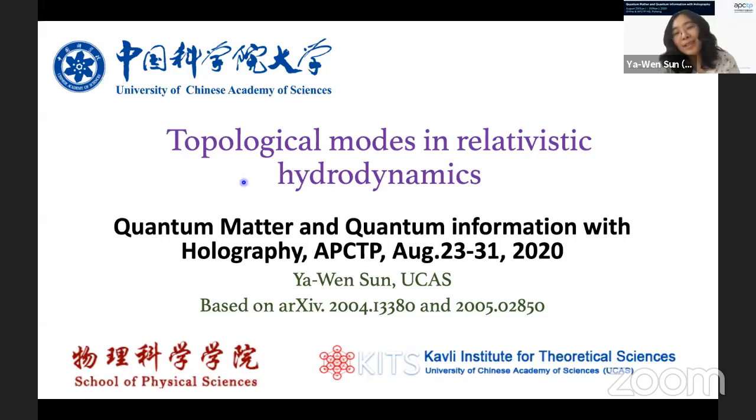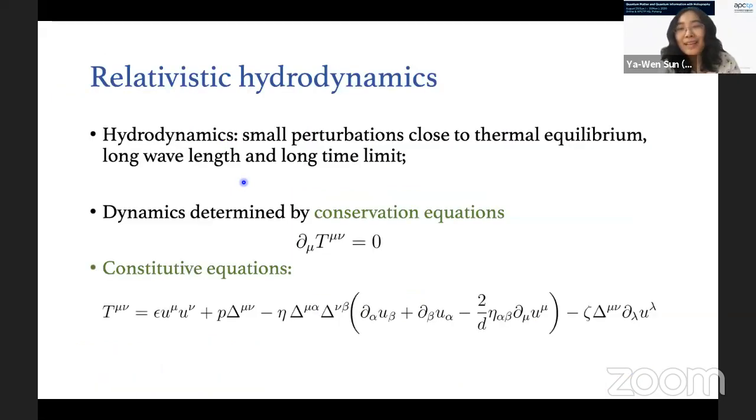I will first start from the introduction of relativistic hydrodynamics. We know that hydrodynamics is a very universal description of a system close to its thermal equilibrium. When a system is perturbed slightly away from its thermal equilibrium, its long wavelength and long time limit will be described by hydrodynamics.